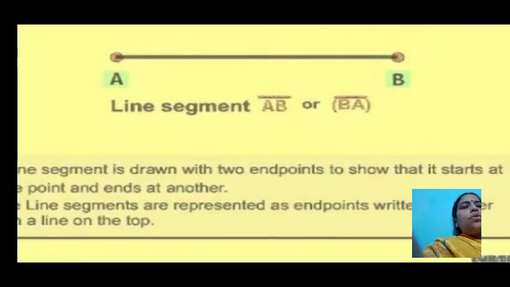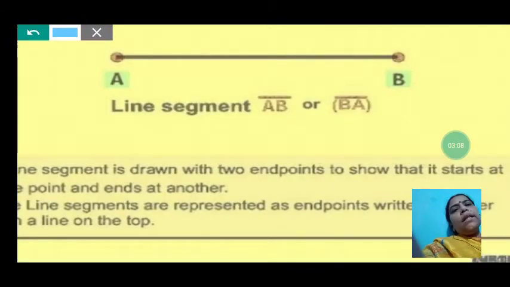Here, as you can see, there is one end point A and another end point B. It starts at A and ends at B. The two end points are A and B, and you can say it also as B and A. So we can represent it as line segment AB or line segment BA. They have two end points, A and B.